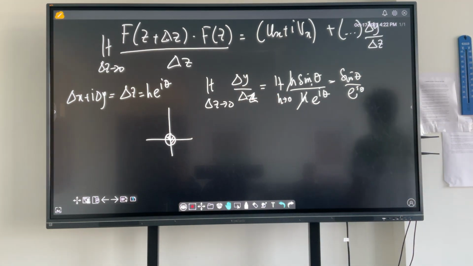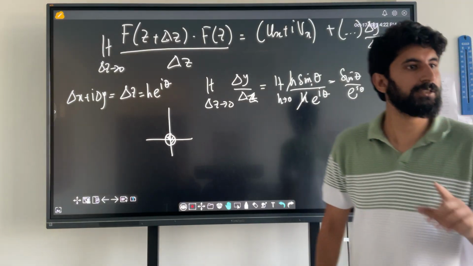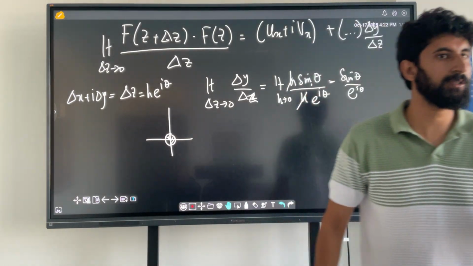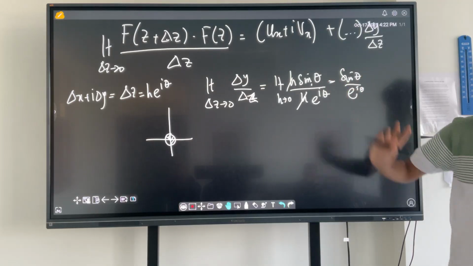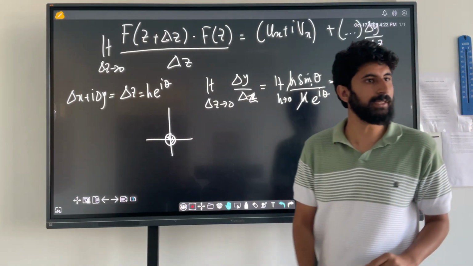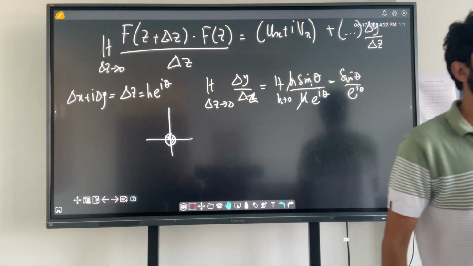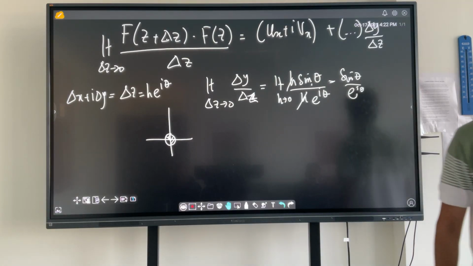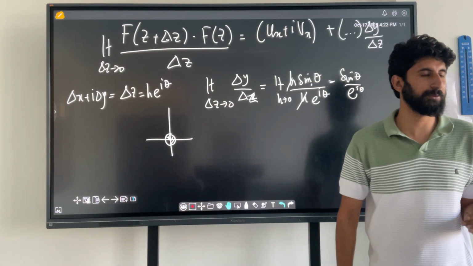Okay? So what did we learn? If the Cauchy-Riemann conditions do not hold, then for sure my function is not complex differentiable. If they hold, then there is one more condition, but usually in physics this condition would be satisfied.